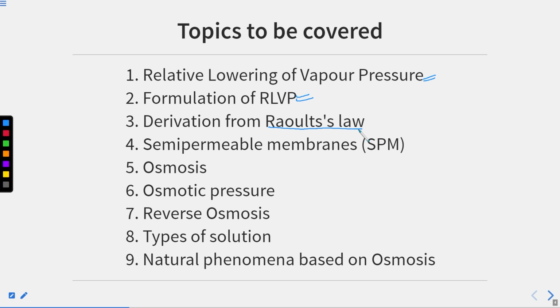Then we remove this proportionality sign and introduce the proportionality constant P01, where P01 is the vapor pressure of the pure form of that volatile substance.